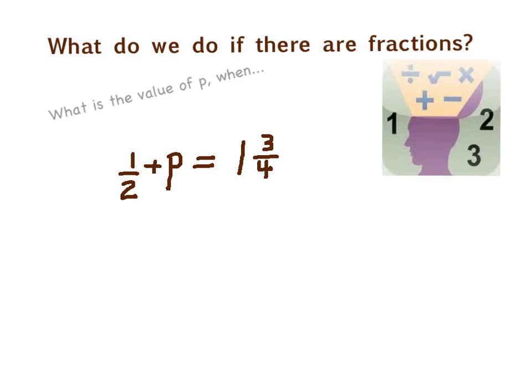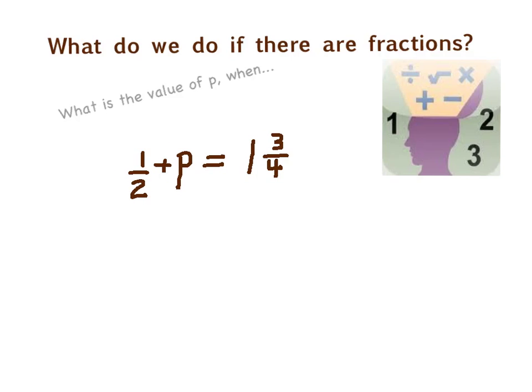Now, what do we do when there's a fraction? Well, it really isn't much different, except that we have to deal with a fraction. So we have a problem right here, and it has 1/2 plus p equals 1 3/4. It's not any different. It's a plus, so to get rid of it or undo it, we have to subtract.